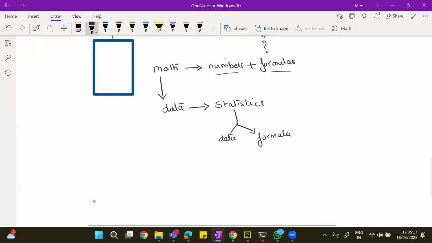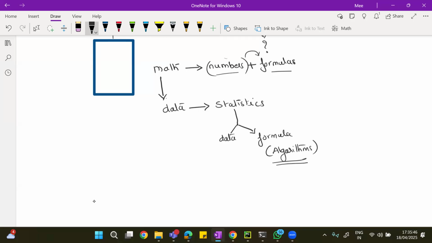Now, these statistical formulas, we usually call algorithms. The definition says that a step-by-step process of implementing statistical formulas is called an algorithm. Why step-by-step? When there are just numbers, we apply a formula and don't need any special steps.